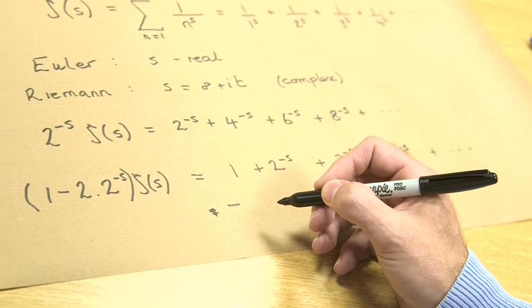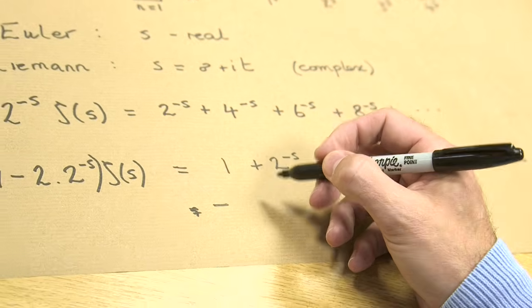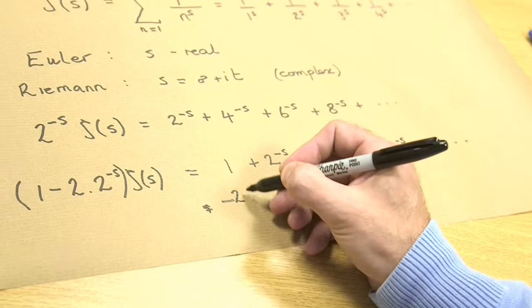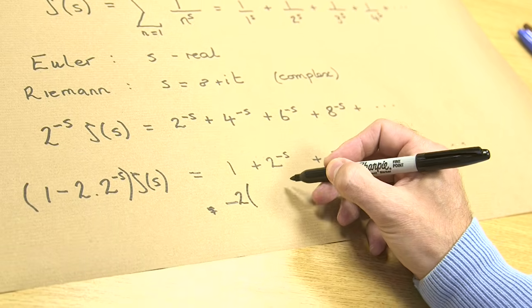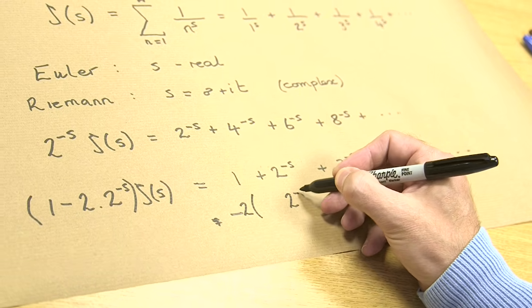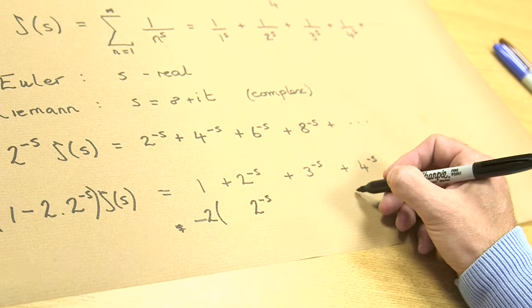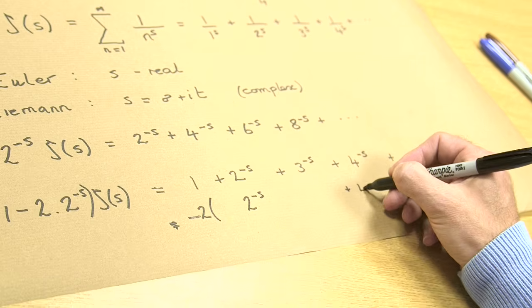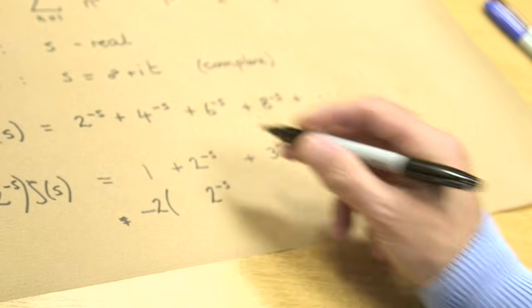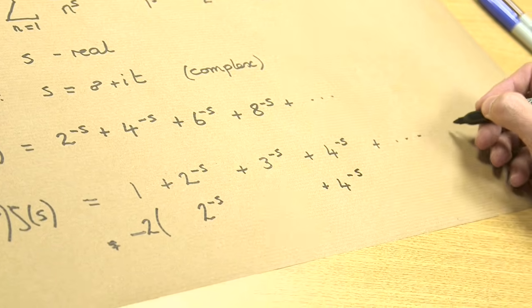I'm going to line these up: the 2 there, the 4 there, and then the 6 matching the 6.